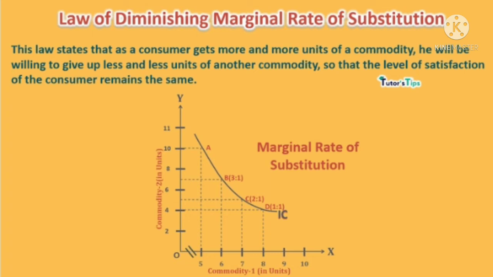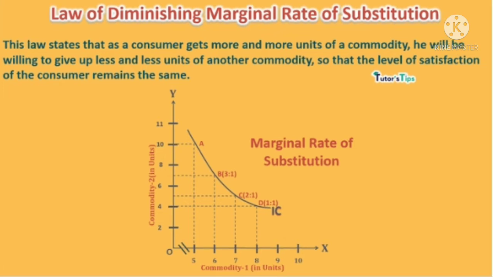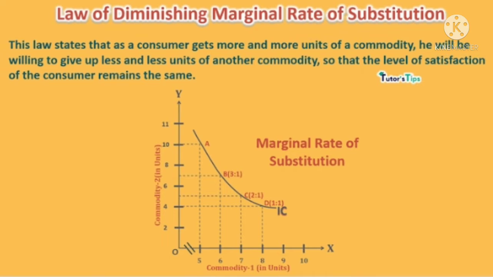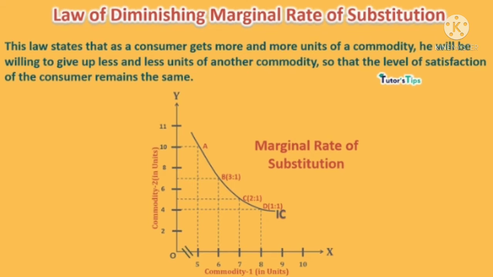Diminishing marginal rate of substitution means that the amount of good two the consumer is willing to give up for an extra unit of good one declines as the consumer has more and more of good one.